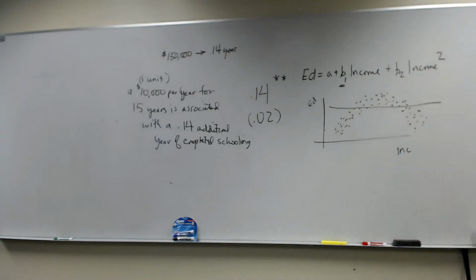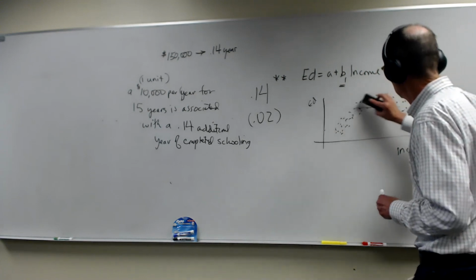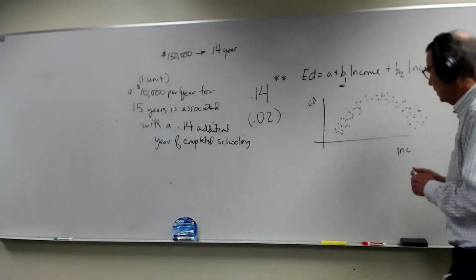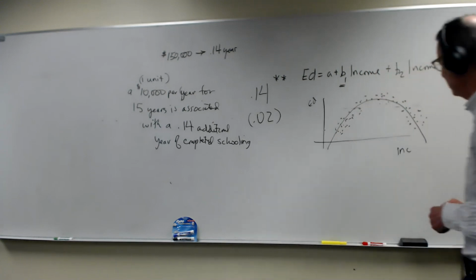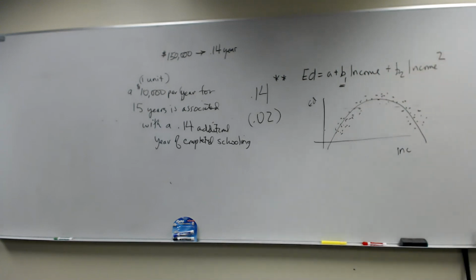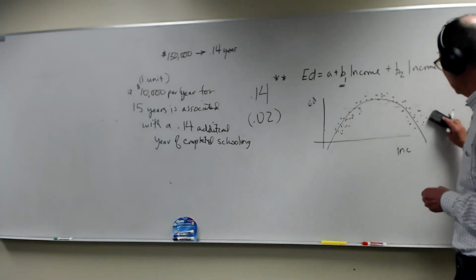So as was suggested, if we had a quadratic and added income squared, then we fit the data pretty well. It's a parabola, it's symmetric, and in this case, you're going to get a very good fit. And you conclude that the data are parabolic.